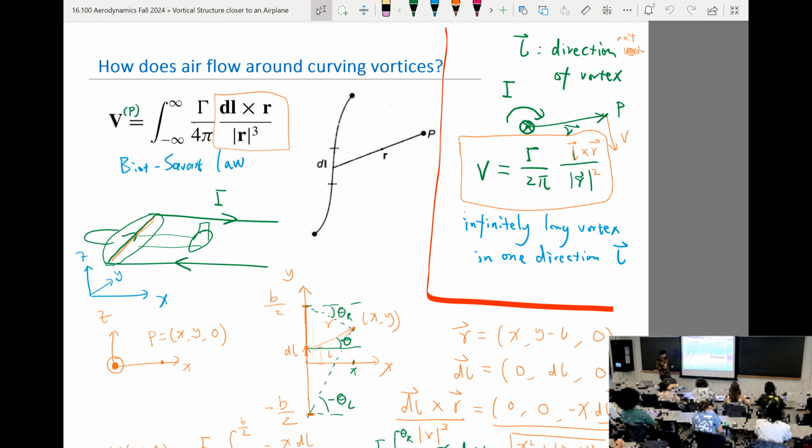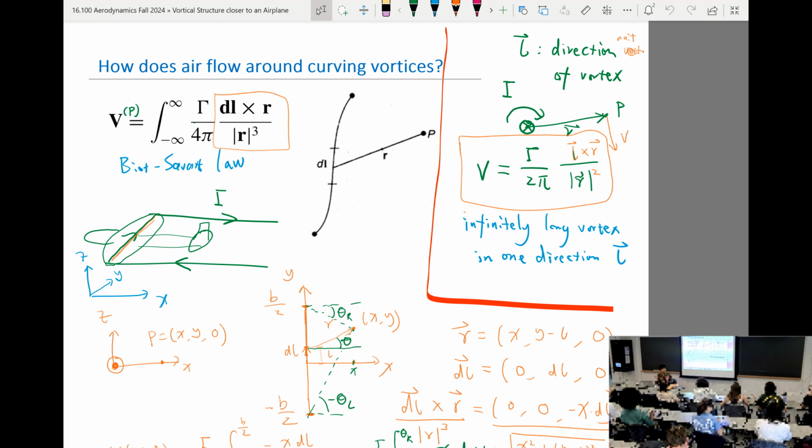It doesn't matter where r is. If you look closely at this equation, it always points in the perpendicular direction of r. So for numerical calculation, let's take z equal to 0, so let's say p is equal to x, y, and z equal to 0.